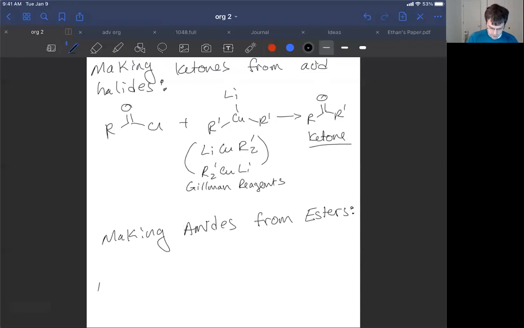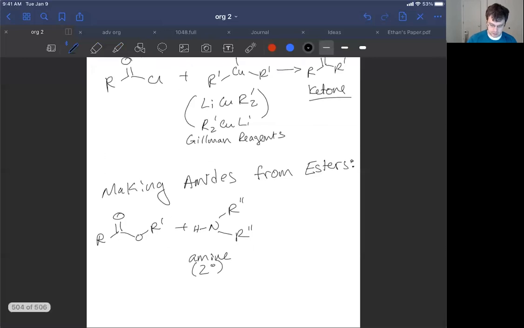So what we do is we take our ester, sorry about this, overlook this. We're going to take our ester and we're going to react it with an amine. And the amine, we'll look at this next time, what this means, but this is secondary. And by secondary, that means there's one NH present.